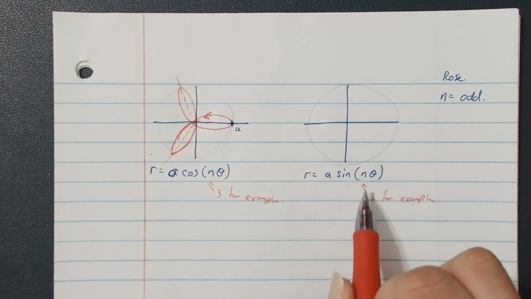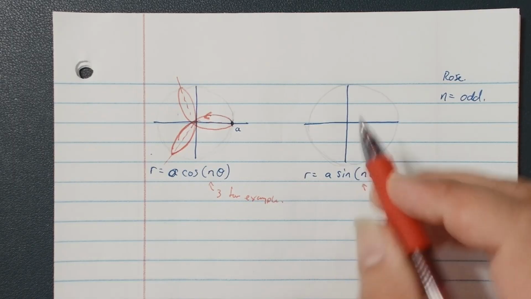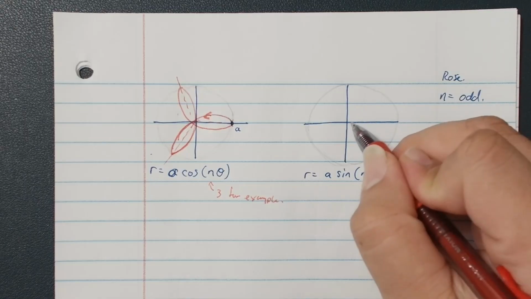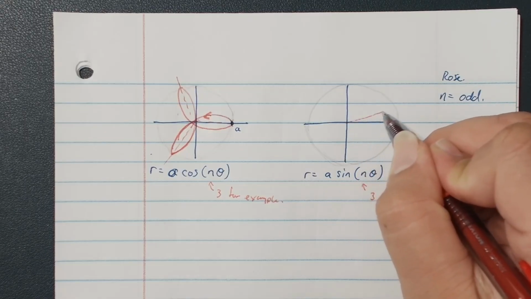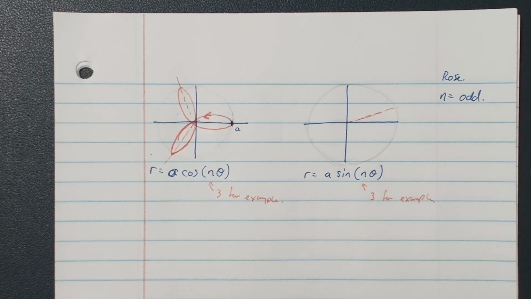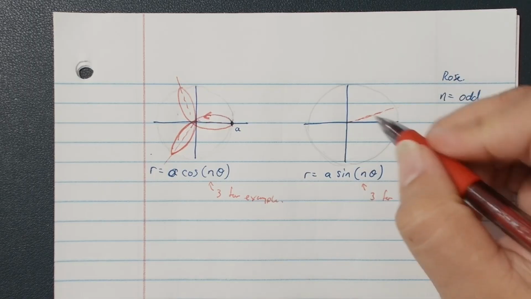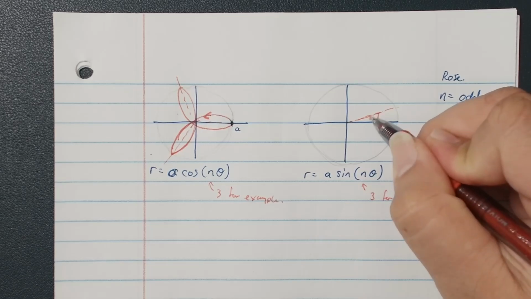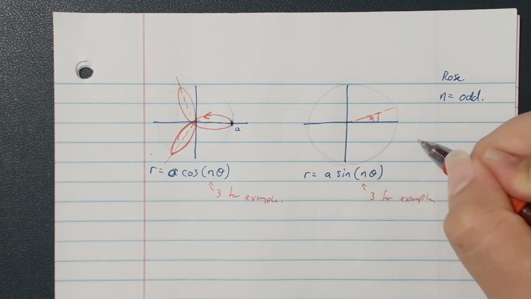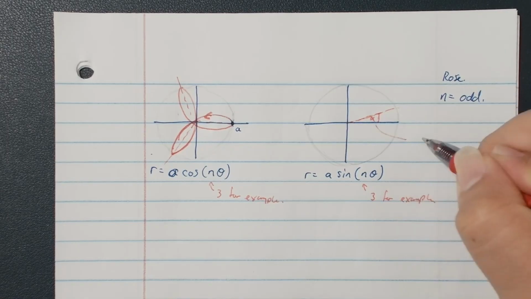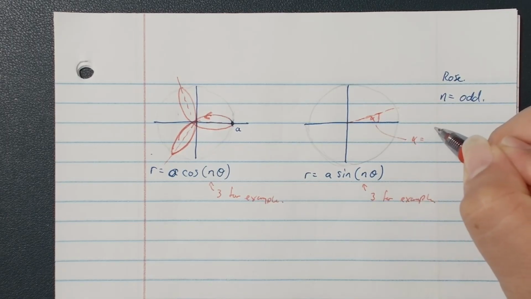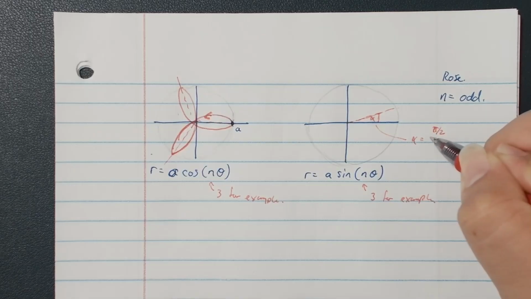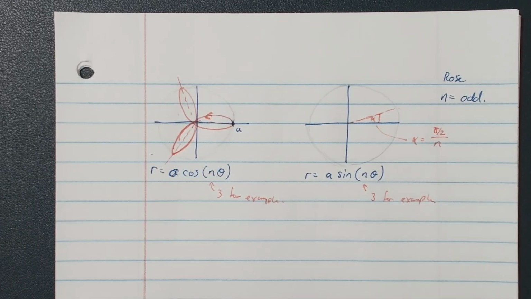So if I take pi over 2 and divide by 3, in my example, pi over 2 divided by 3 is pi over 6. That will be the direction of your first petal. So here, this angle, I'll call it alpha. Here, alpha is equal to pi over 2 divided by whatever your n was.